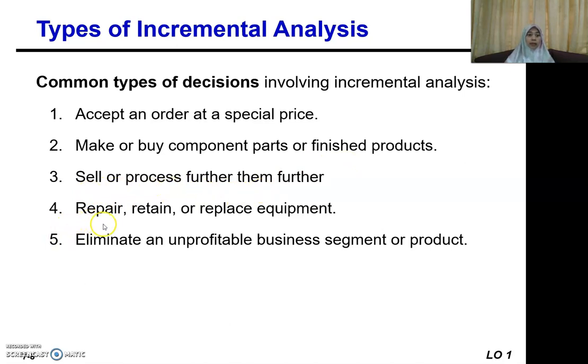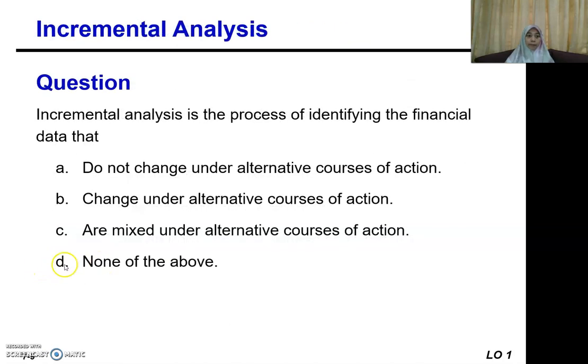You may decide whether to repair and retain an item or replace that equipment. Or if you have an unprofitable business segment, you may decide whether to eliminate that unprofitable segment or product, or retain it. These are some examples of the decisions you want to make, and we will look into them in more detail, one by one.